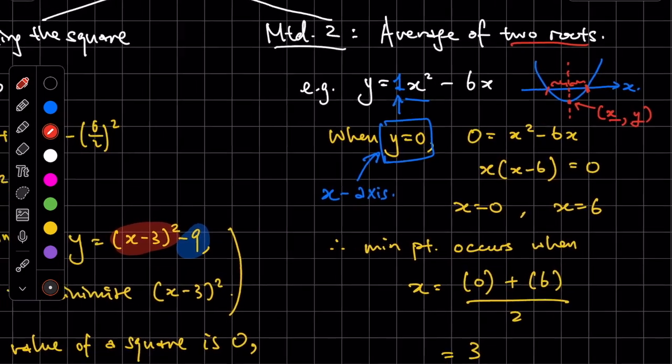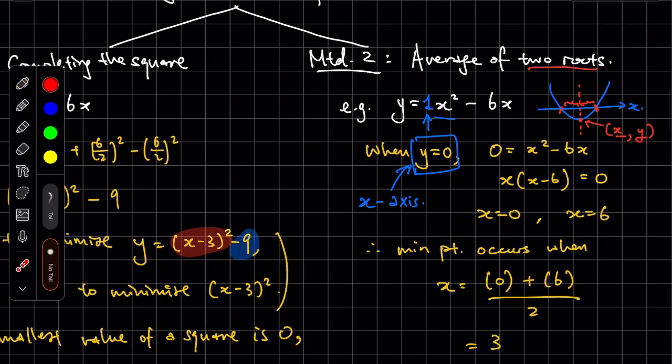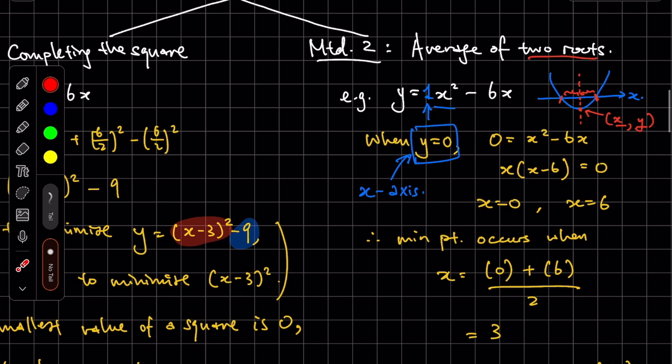To find the average of the two roots, first I need to find the two roots. To find them, I sub in y equals 0 to find where the curve cuts the x-axis. I realize that x equals 0 and x equals 6. That means my two red numbers are 0 and 6.